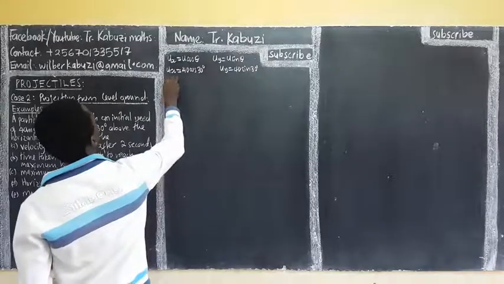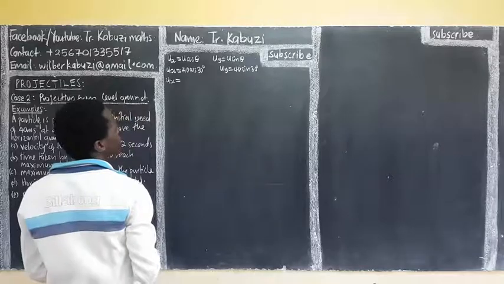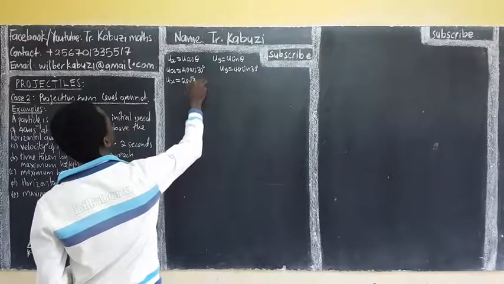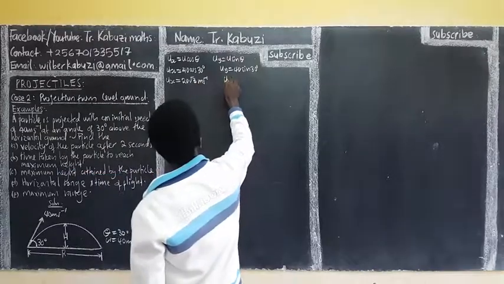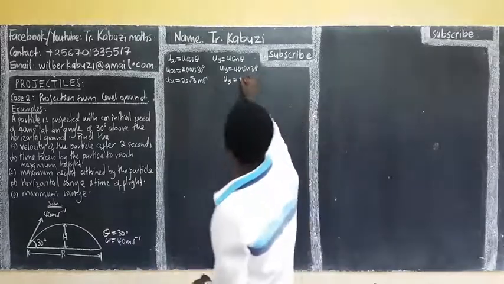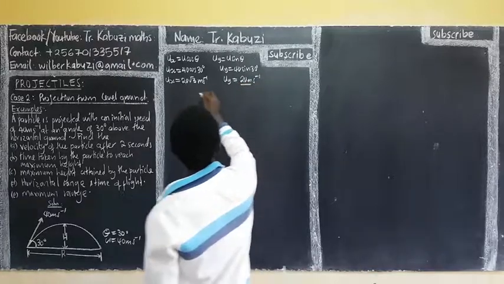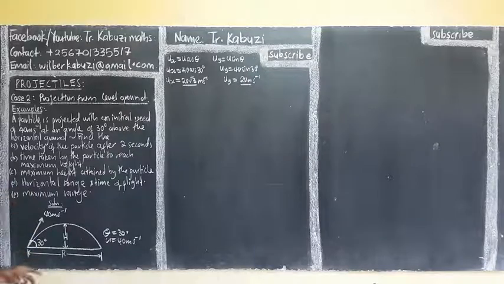Here cos 30 is root 3 over 2, so ux is 20 root 3 meters per second. Then sin 30 is 0.5, times 40, we get uy equals 20 meters per second. So we start by getting these ones always. Now from there, we can come to get our velocity.